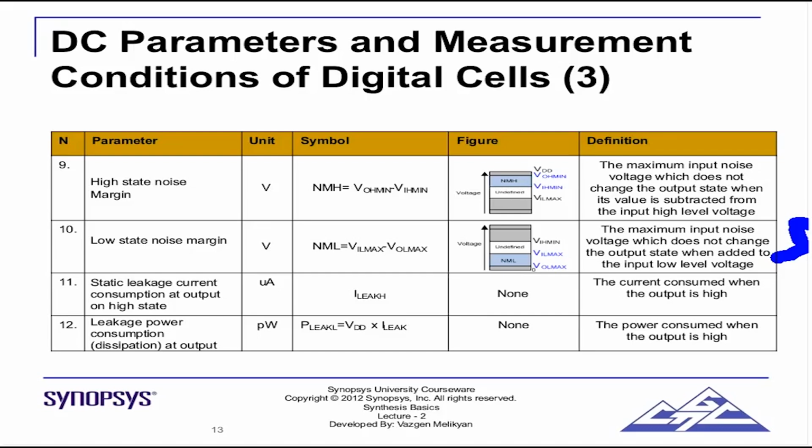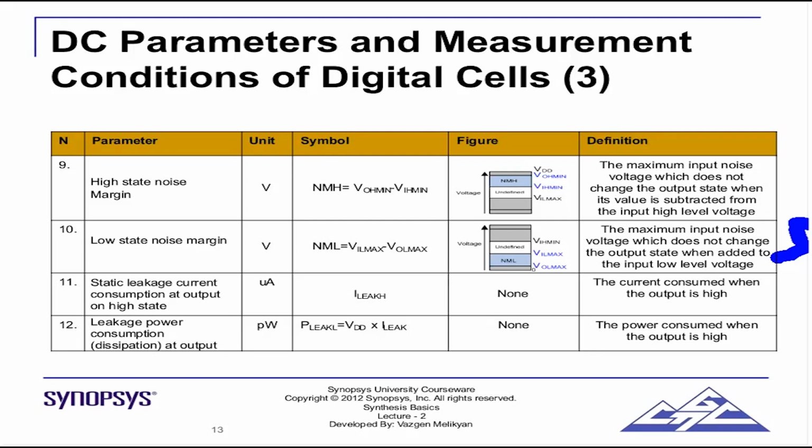Now the NMH value, that is VOH min minus VIH min, the noise margin on the higher side, will determine how much noise this inverter can tolerate. So now let's say when the output of this inverter is high, that is input is low, and there is noise on it which causes the input to be slightly greater than 0.